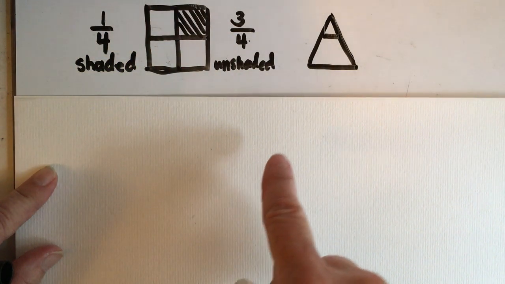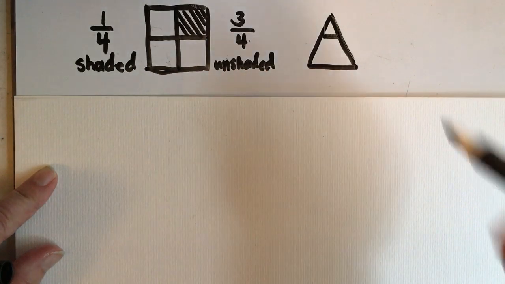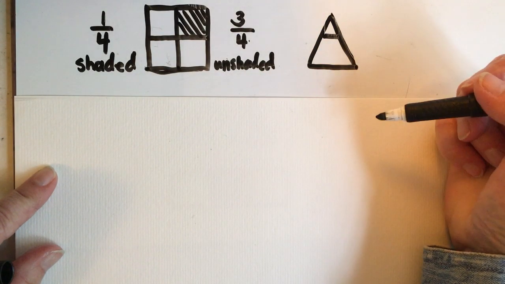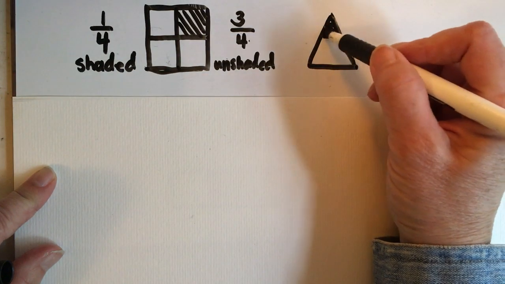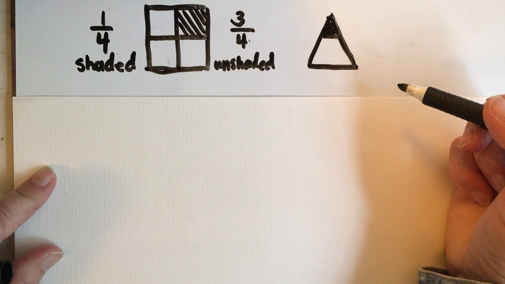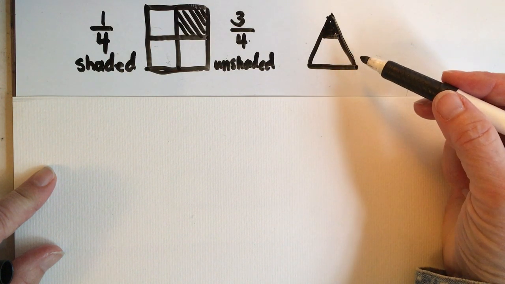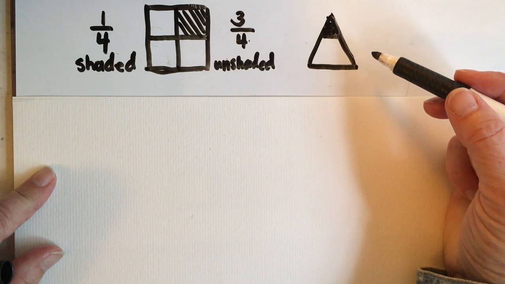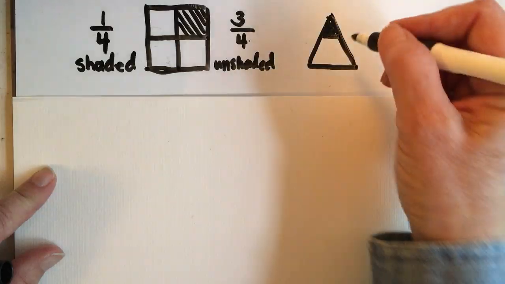Good thinking. All right, let's look over here at this triangle. Can I use a fraction to name, let me color some of it in, that part that's colored in? Not obviously, not the way it's drawn right now. How come? Because that's not fair.